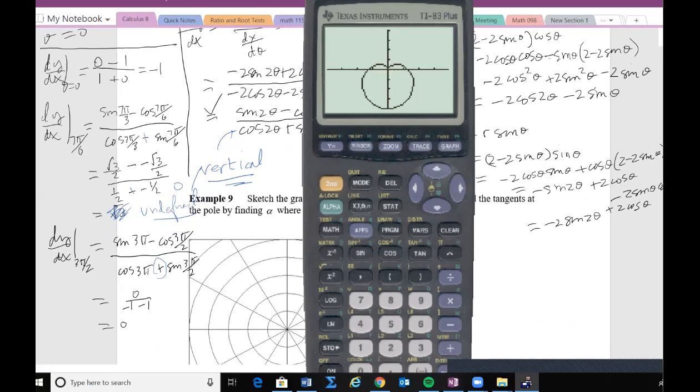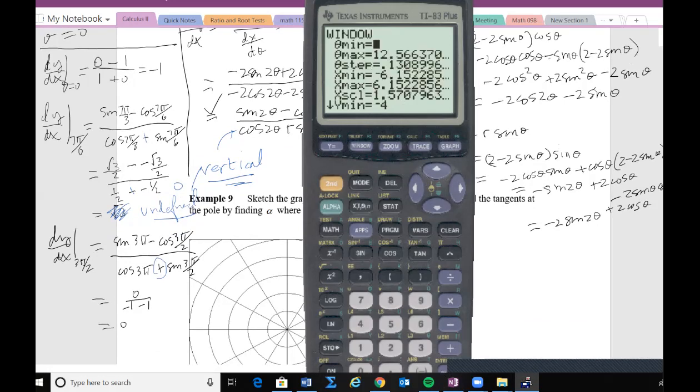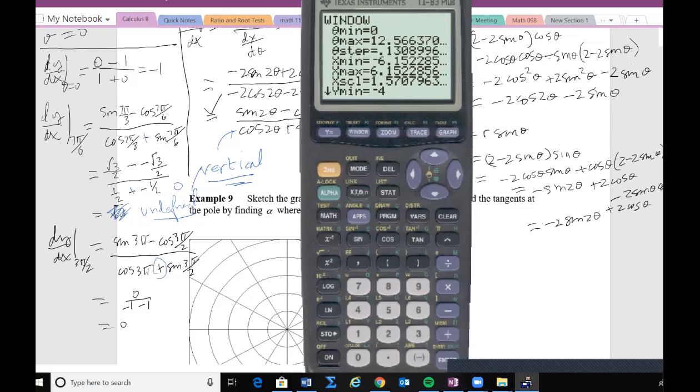And as far as the window goes on that graph, it surprised me that I had to go all the way to 6 pi to get that graph. That's a little disappointing. Maybe if I went from -2 pi to 2 pi, maybe that would give me something a little better.